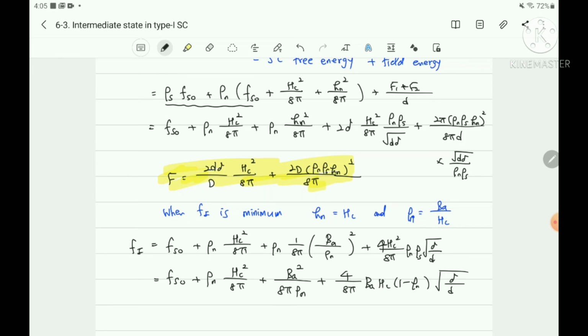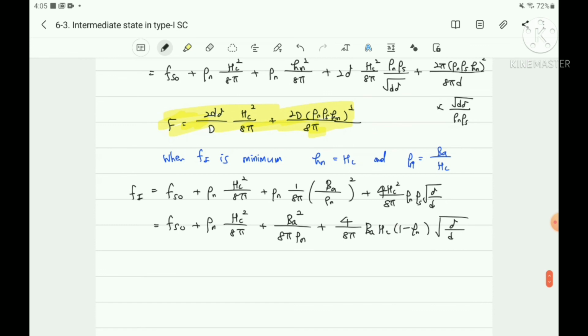Okay, and in order to have the minimum point for the normal volume fraction, let's apply the derivative with respect to rho n. Then Hc square over 8 pi minus 8 pi rho n square Ba square, minus 4 delta over D Hc Ba over 8 pi should be equal to 0.